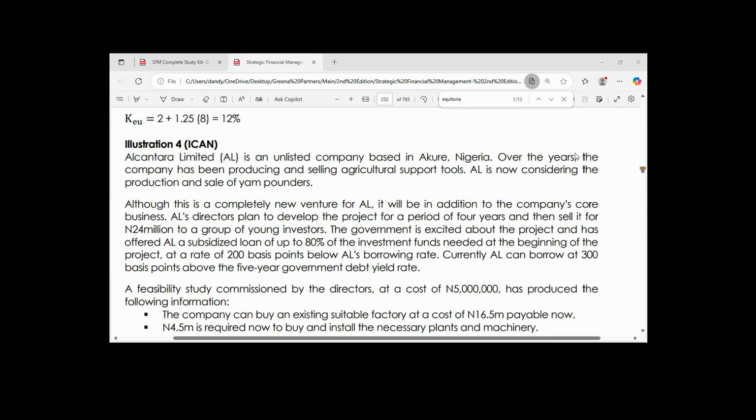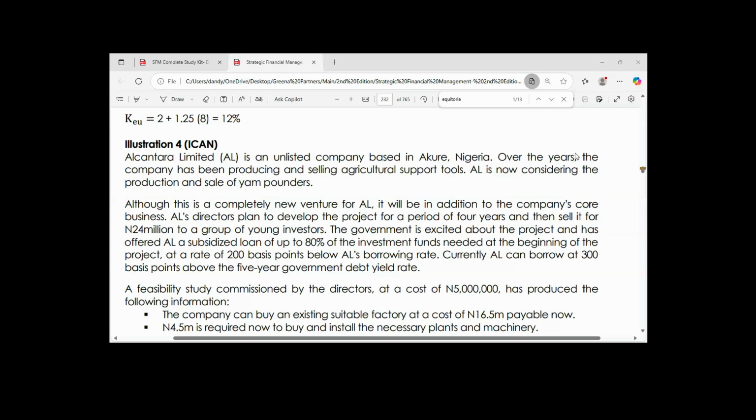Then the next procedure that you are going to carry out is to calculate the PV of tax saved on interest. When you want to calculate the PV of tax saved on interest, I told you there are 3 procedures. The first procedure is to accumulate all interest elements.